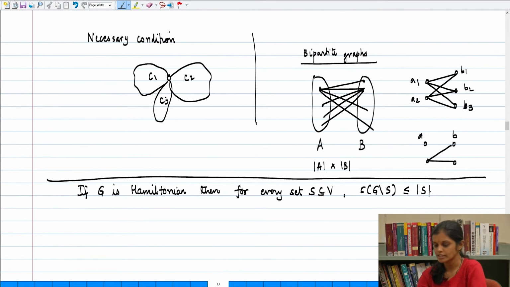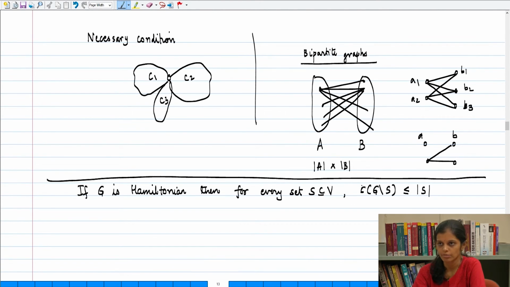And we'll first stare at this statement, see that we understand it, and also apply it here, right? So what does this say? If the graph admits a Hamiltonian cycle, then for every set S of vertices, that is, you pick any subset of the vertex set and remove it from the graph, you will be left with another graph which we are calling G minus S. We can easily count the number of components of such a graph.